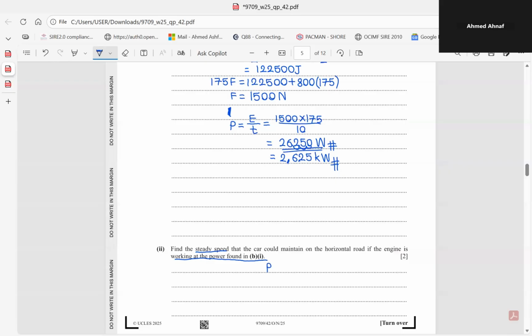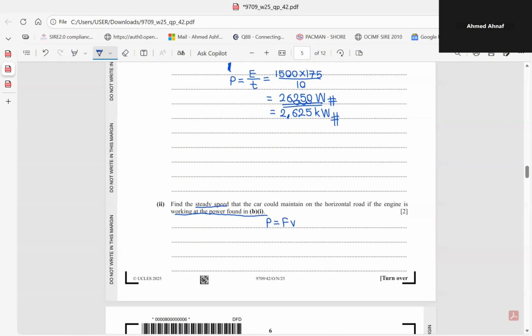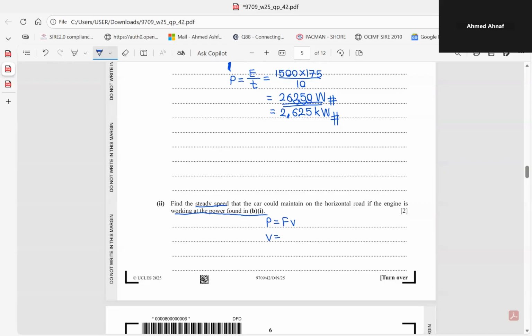So this is very simple. Just remember this formula: power equals force times velocity. Now we'll make velocity the subject, which is power over force. So power is 26,250 and force, like I said, is going to be 800 newtons.